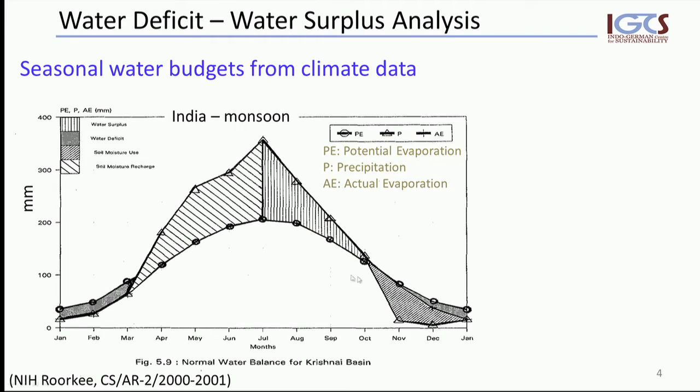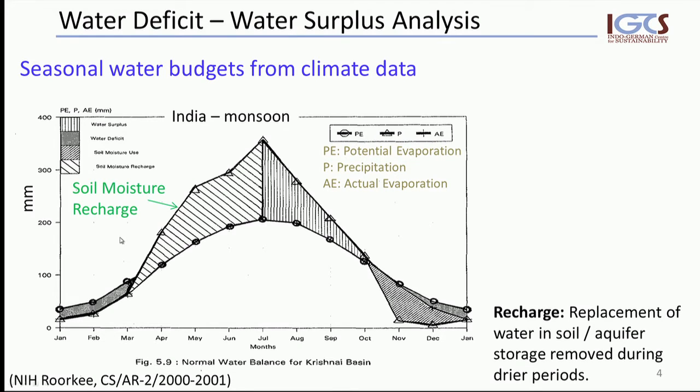And we can see two very remarkable points which are very important for water availability analysis. One, the point where our precipitation starts to exceed our evaporation, and this is where soil moisture recharge begins to take place.